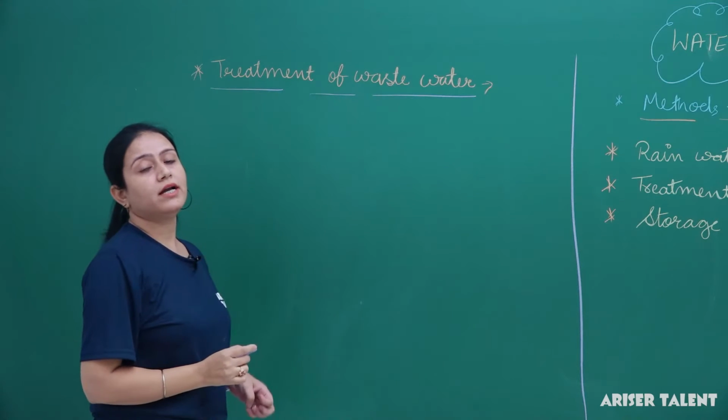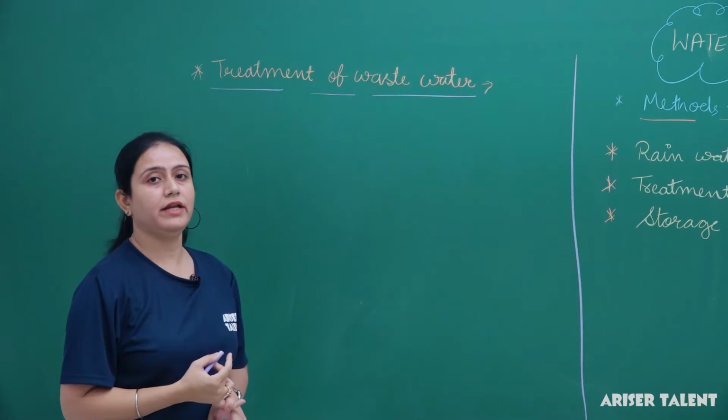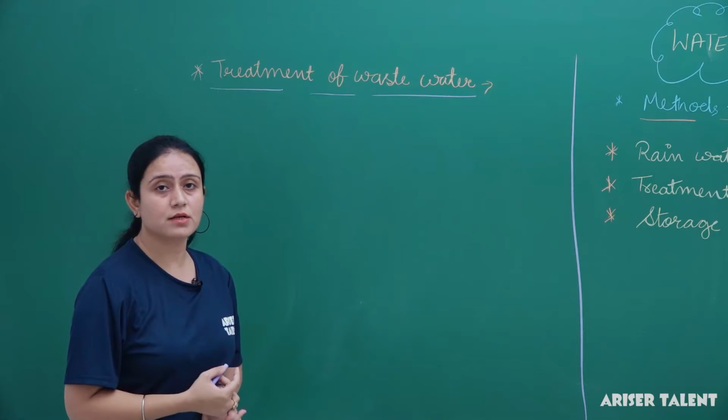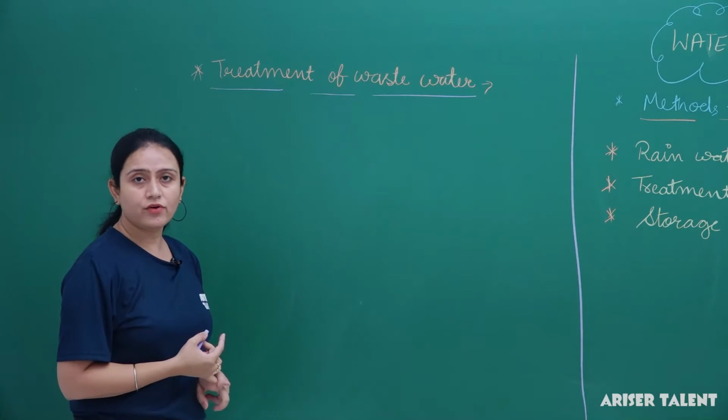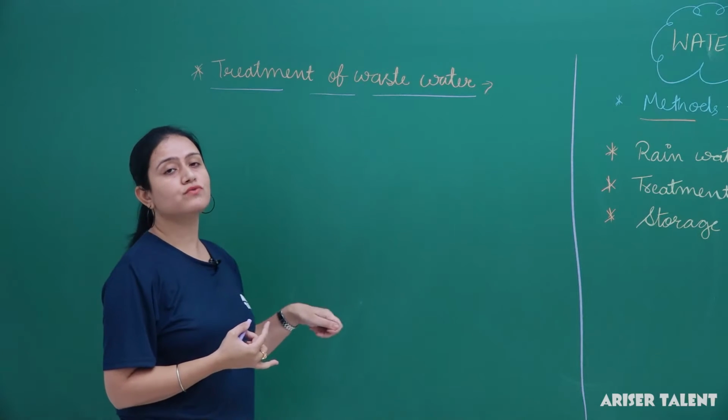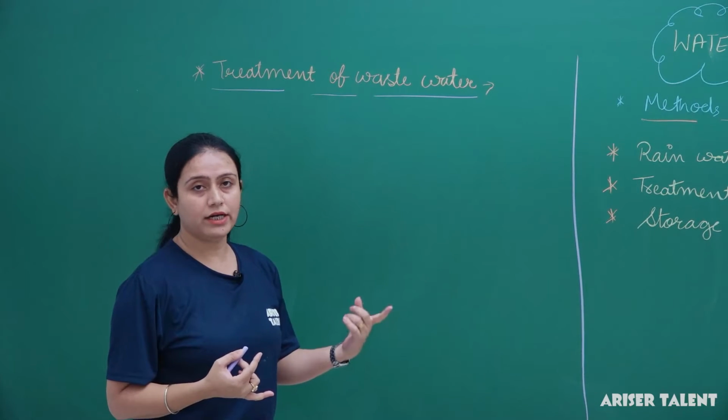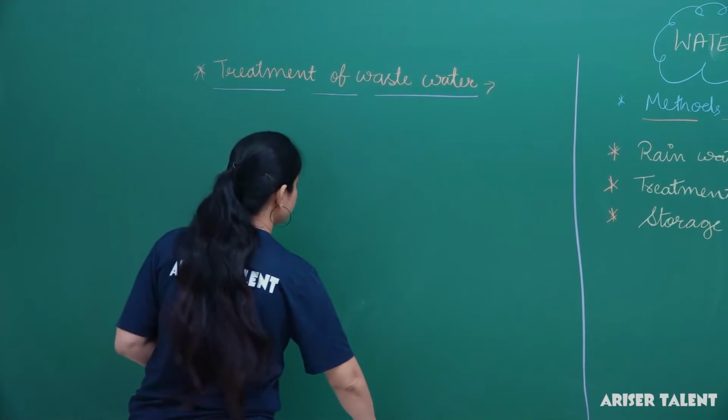As we all know, wastewater always contains inorganic and organic substances. So they must be treated by primary and secondary treatment, so that they can be used for irrigation and industries.